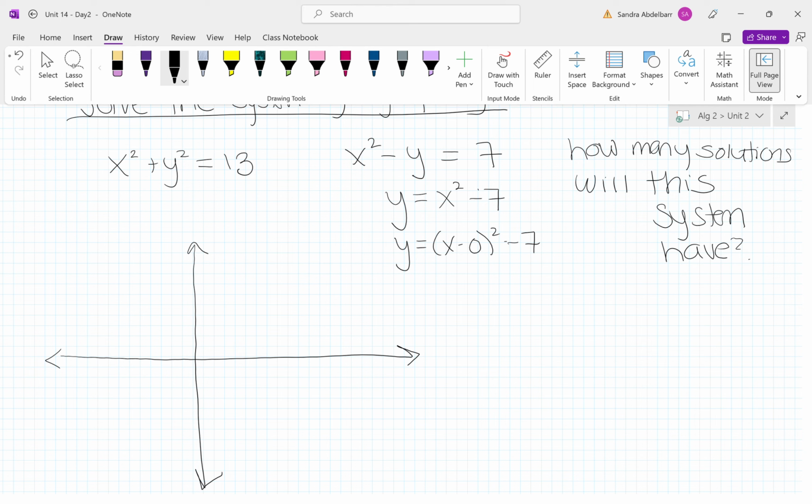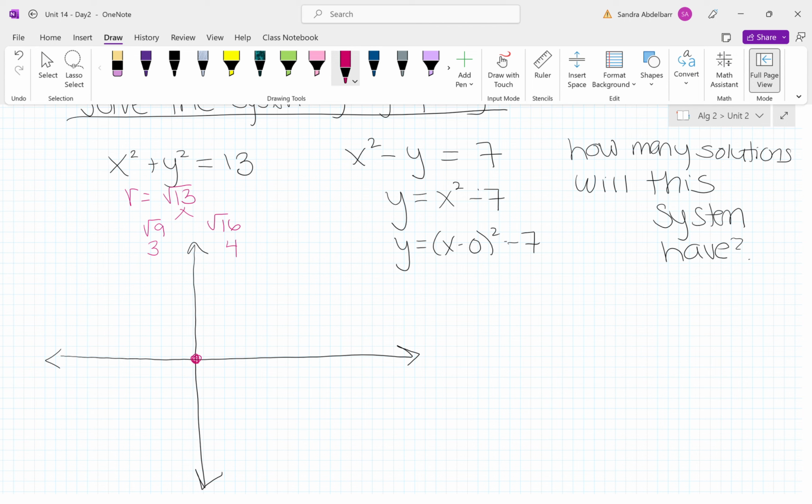Okay, so here we're going to graph our circle first, which is at 0, 0. And then our radius is not 13. Our radius is the root of 13. So we have to estimate. We're root 9 and root 16. So we're between 3 and 4, but closer to the 4. Sure. Okay.